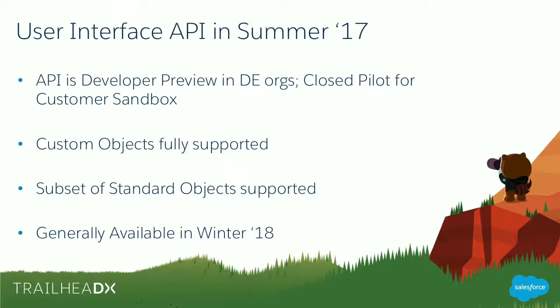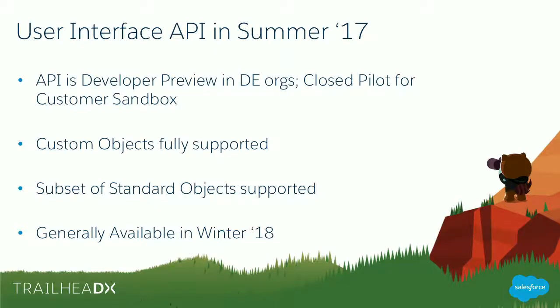And we support a whole bunch of standard objects, but one of the reasons that it's in developer preview and pilot is because we don't yet support all the standard objects. Our goal for GA, which is our next release, winter 18, is to support certainly the hero entities, as we call them, the hero objects, but most of the objects, if not all the objects, are going to be supported.